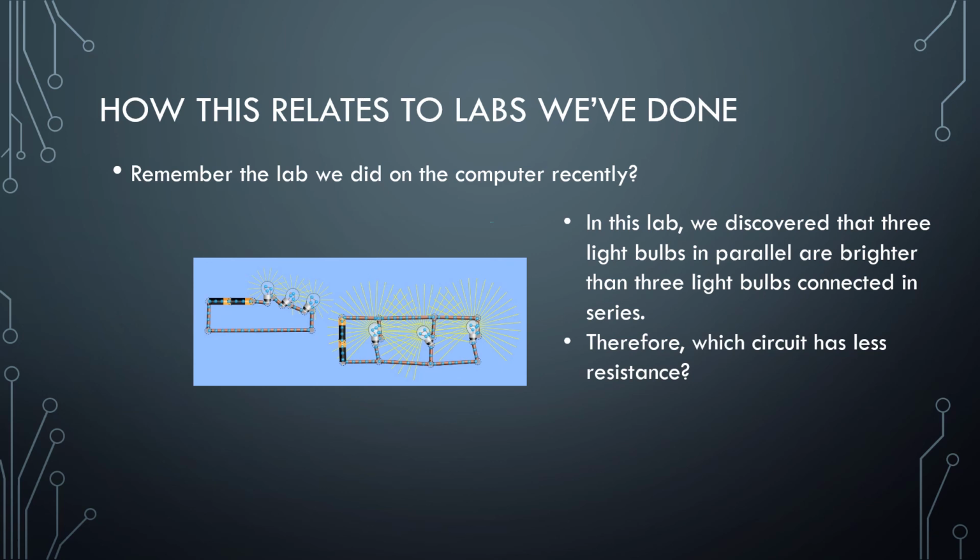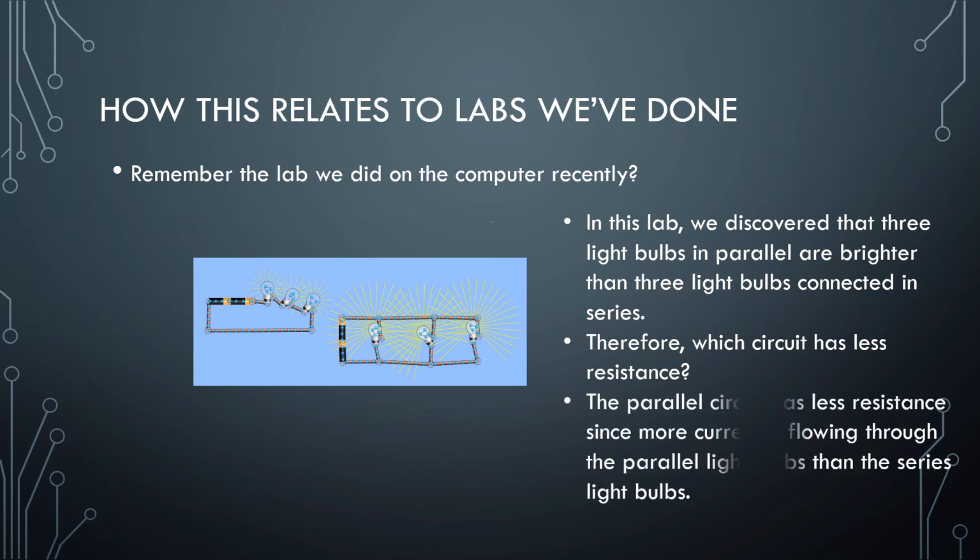So from that evidence, what can we conclude about which circuit has less overall resistance? In this case, the parallel circuit has less resistance since more current is flowing through the parallel bulbs than the series bulbs. So since it's in parallel, the circuit on the right in that picture, they have less resistance, meaning more current is able to flow through them, making them brighter.